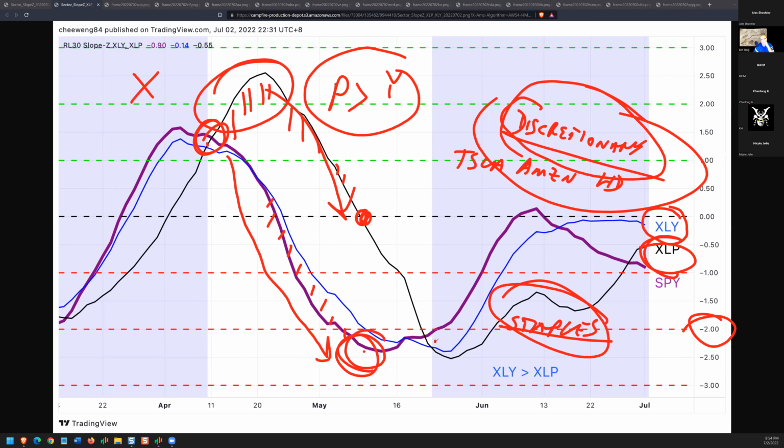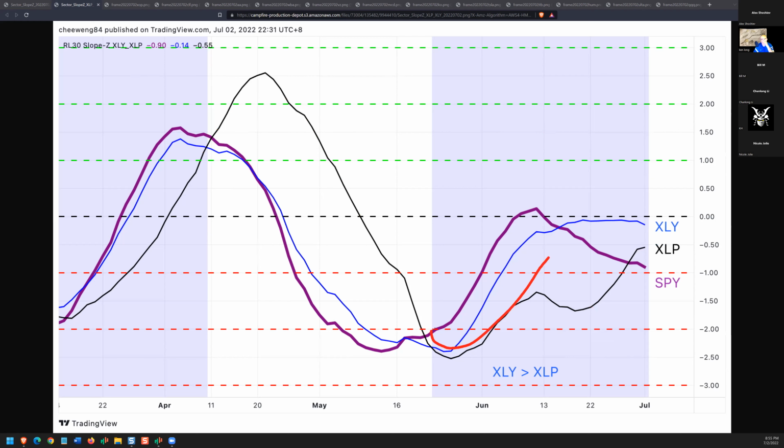But this is where the market began to stabilize, and then money began to flow back into the market and then into XLY. And then that began to rise as XLP began to fall. And so this was a growth portion of the market cycle, when the market and discretionary began to accelerate, while XLP was slow to recover.